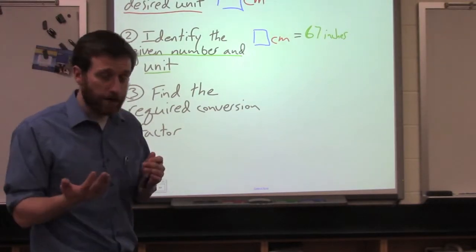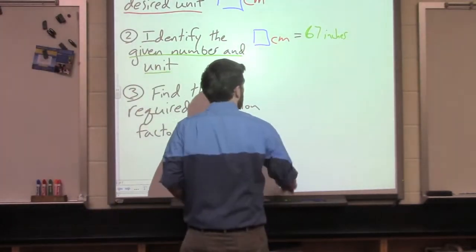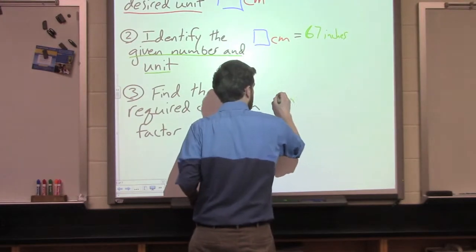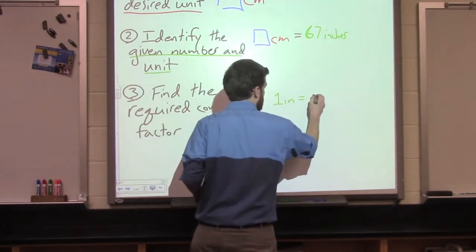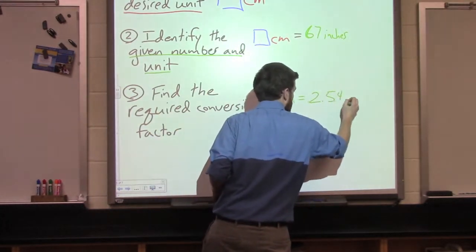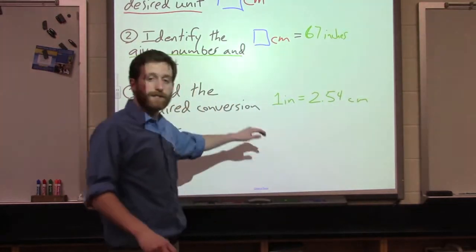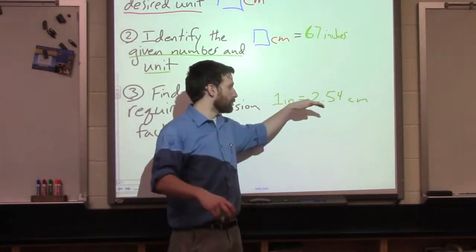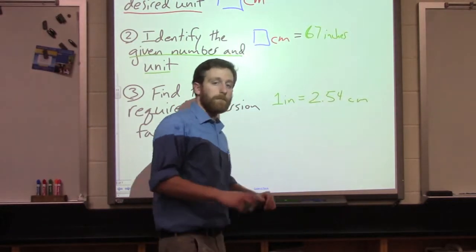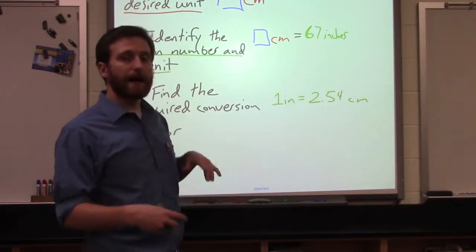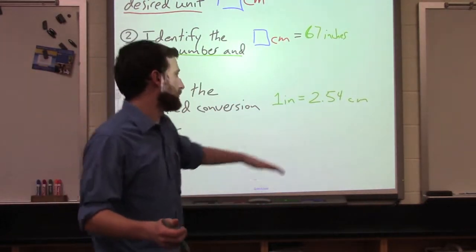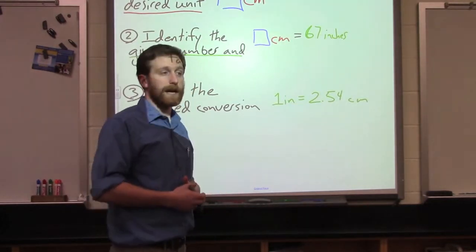And so I just happen to know that 1 inch equals 2.54 centimeters. Okay, so this is written as an equality. 1 inch equals 2.54 centimeters. But to complete this problem, I need to rewrite my equality as a ratio, as a division problem.